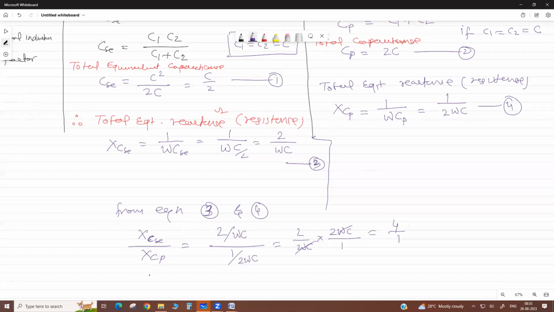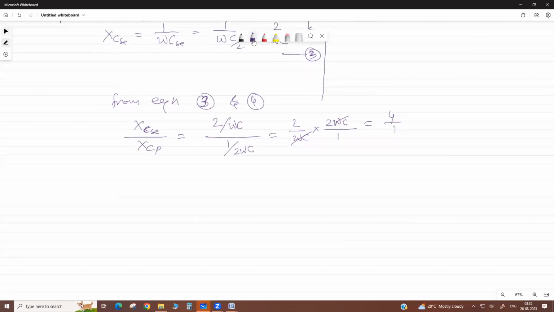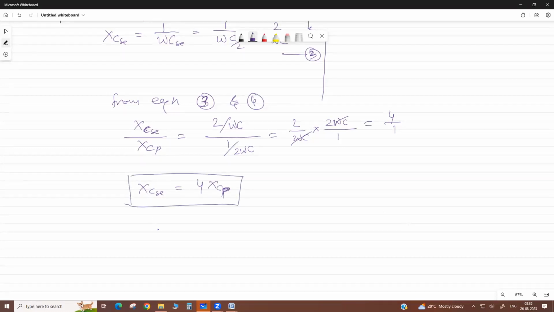It means the total capacitive reactance in series equals 4 times that in parallel. So which is greater? XC series is greater than XCP. Correct or not?